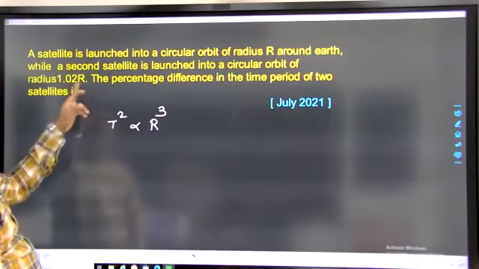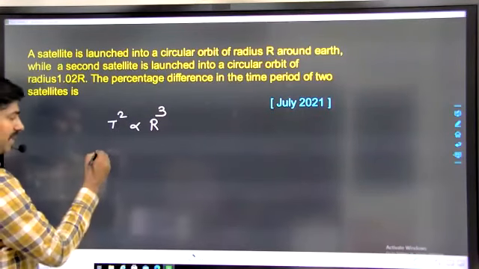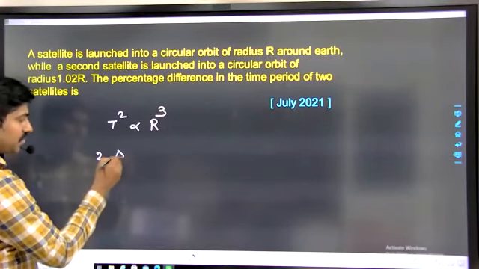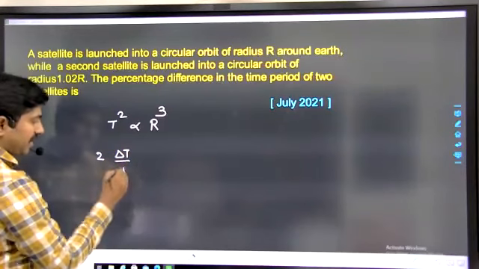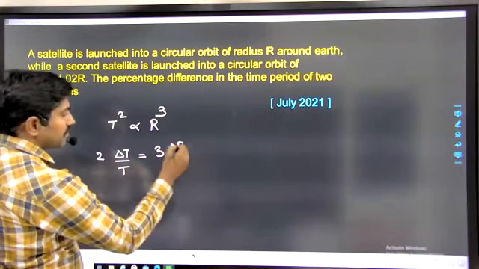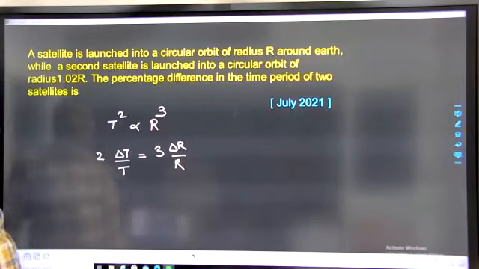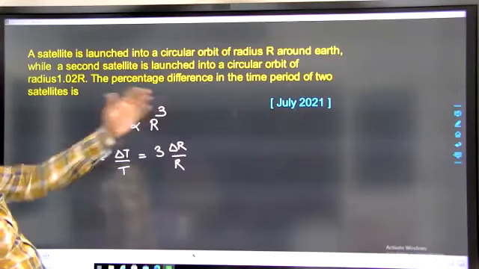And it is a very small value, so the change will be very small only. So I can write with the error formula: 2 into delta T by T is equal to 3 into delta r by r. Finally, you have to calculate the percentage difference in time period.